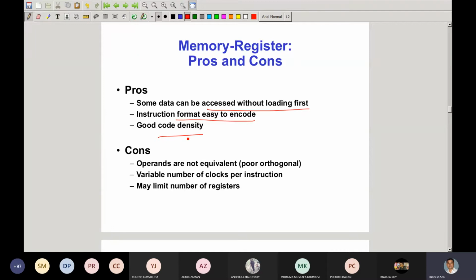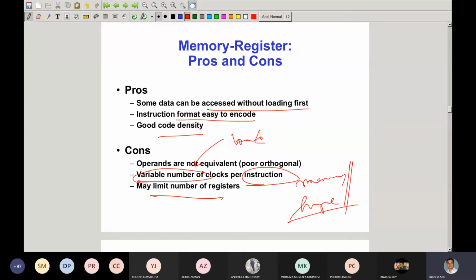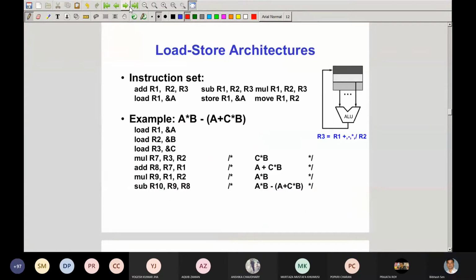A variable number of clocks per instruction is the one big issue, because load-store may be very fast, but for memory a huge number of instructions will be required. It may also limit the number of registers, because simultaneously from a register bank only one register at a time can be used. So it can limit the purpose of the register. That is the one issue.